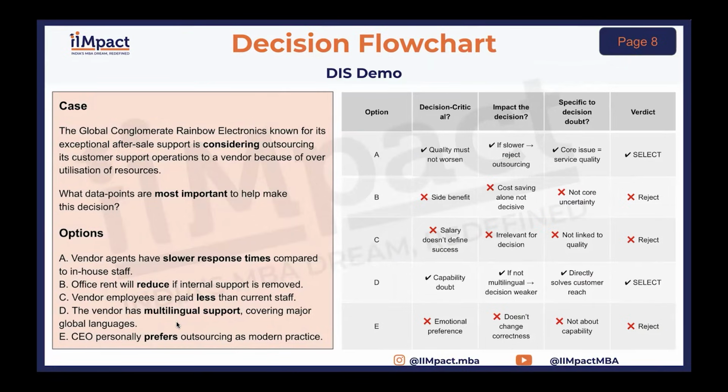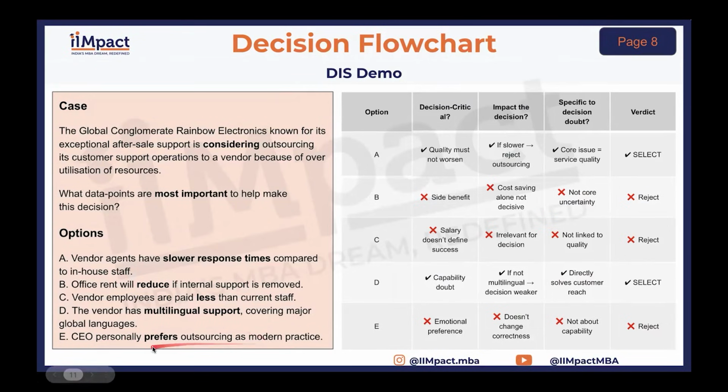Yes, it will. I might not go for the vendor if they are not able to cater to customers in other geographies. Does it specifically solve my decision doubt? Yes, because it solves customer reach by being able to cater to customers across geographies. So it is a good option to have.